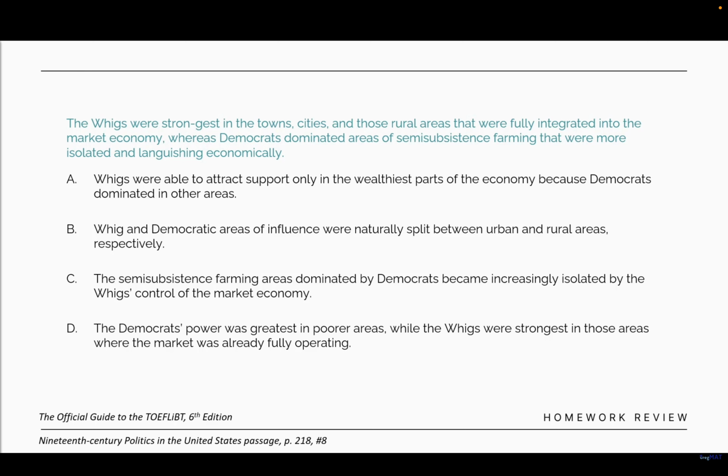So hold on, let me fix this. All right, let's go to Andrea. Hey, Andrea, do you want to do this one? Sure. Okay, so tell me the answer you chose, and then we'll try to match it to the blue sentence here.